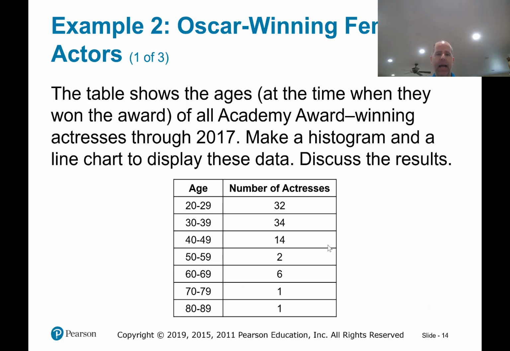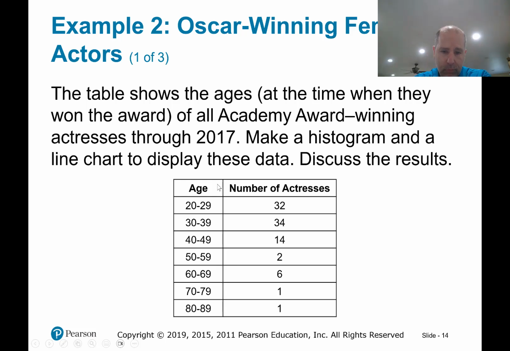All right, now let's look at Oscar-winning female actors, or actresses. The table shows the ages at the time that they won the Academy Award, winning actresses through 2017. So make a histogram and a line graph to display these data, and then discuss the results.